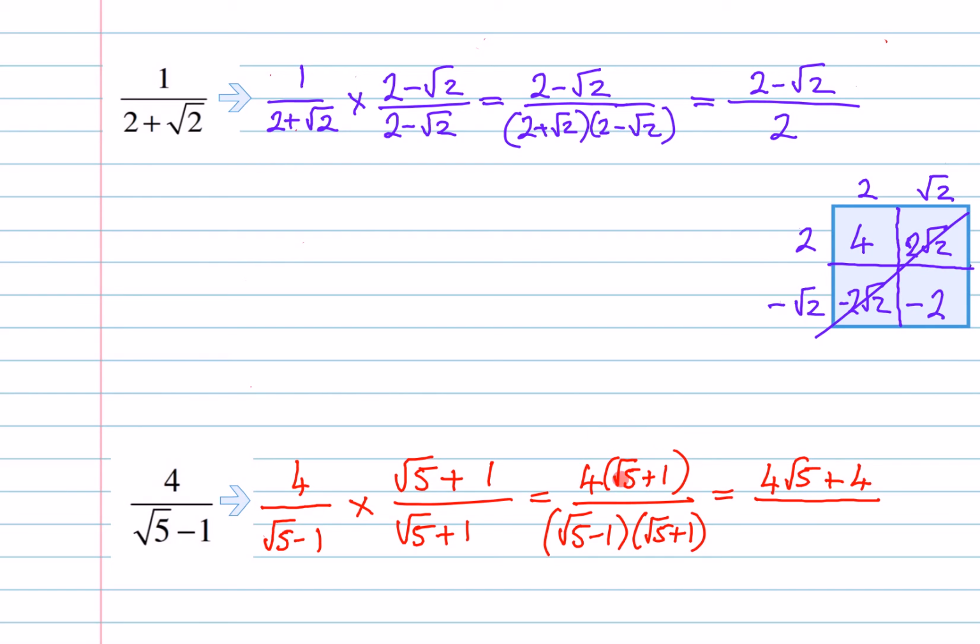So when you multiply out the top line, we get 4 root 5 plus 4. And if we multiply out the bottom line of the fractions using maybe the same method as before, the box method, this should give us 4. And we've successfully removed the surd from the bottom line of the fraction.